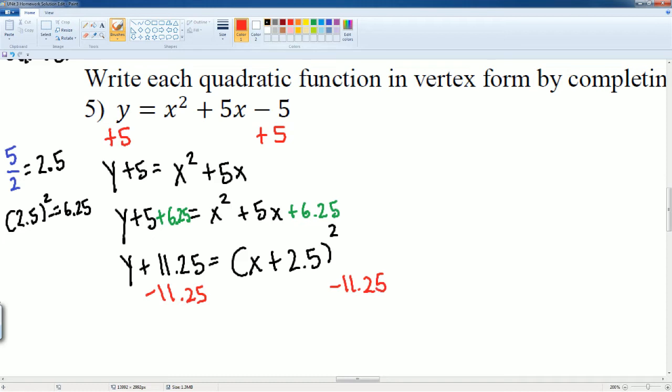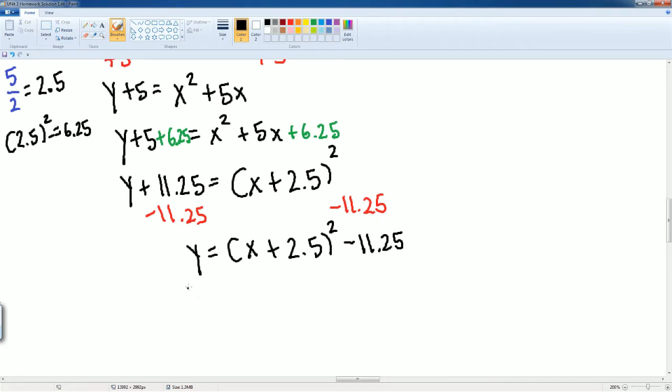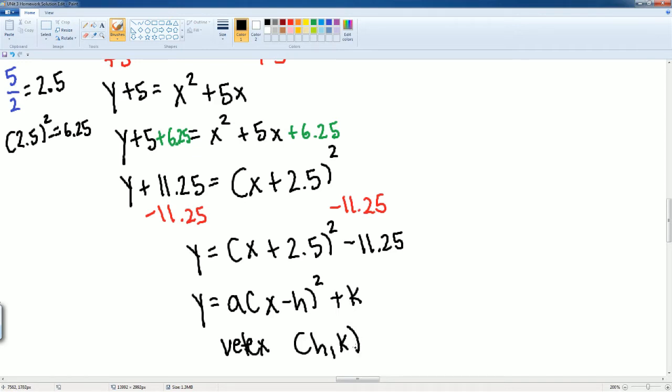This gets us y equals x plus 2.5 squared minus 11.25. Remember, vertex form will look like y equals x minus h squared plus k. So the vertex h comma k is really just negative 2.5 comma negative 11.25.